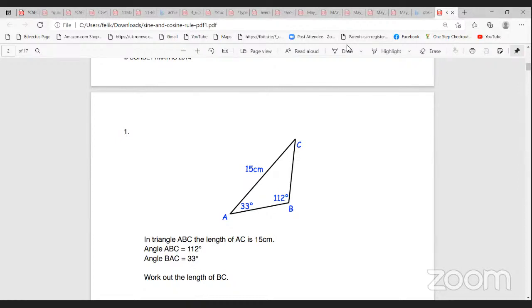Miss, so which one are you using, miss? Cosine? Tell me, Marlon, which one are we using? Look at your rules. Look at the screenshot that you just did. Which one are we using, honey?